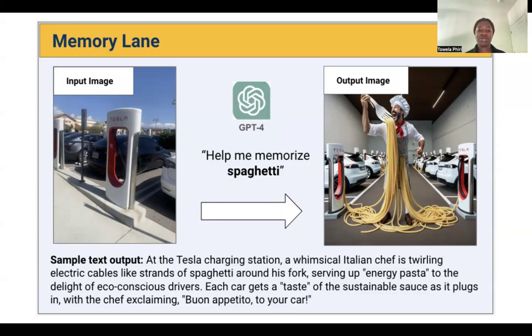So in this example, the user input a picture of a Tesla charging station, and we asked GPT to help us memorize spaghetti. And that generated an image of a chef with spaghetti near Tesla charging stations and a two-sentence long sample text output that creates a kind of wacky and bizarre way to memorize that item and your input image.